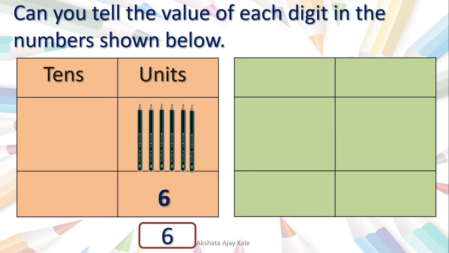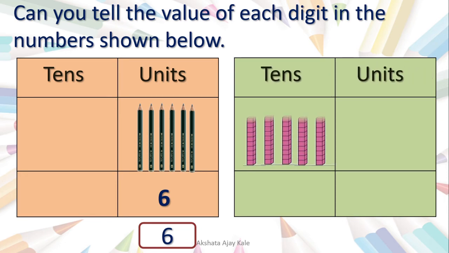Here you can see one more table: units place, tens place. Here we can see tens and units. How many tens are there? 1, 2, 3, 4, 5. 5 tens are there, so we will write 5 here, and 3 units. Here, what is the value of 5? 5 tens, right?